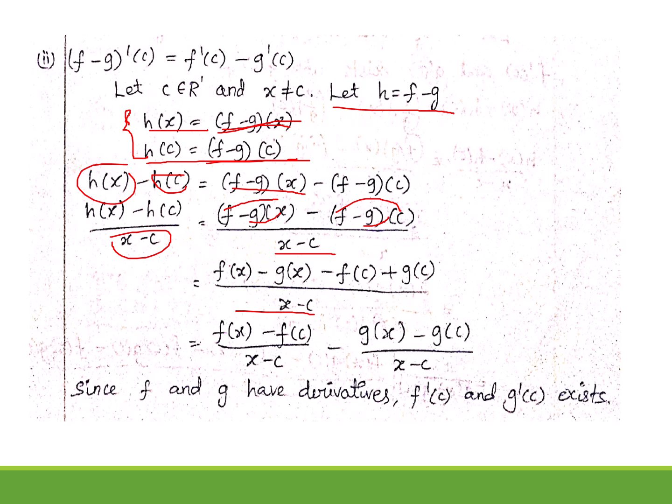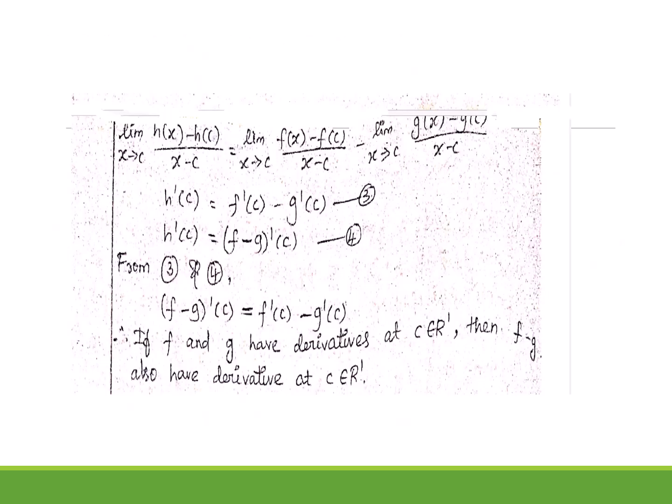Simplifying, this is [f(x) minus f(c)] divided by x minus c minus [g(x) minus g(c)] divided by x minus c. Since f and g have derivatives, f'(c) and g'(c) exist. Taking the limit as x tends to c on both sides, h'(c) equals f'(c) minus g'(c), which is equation 3.